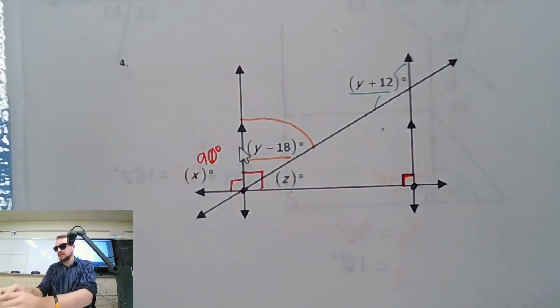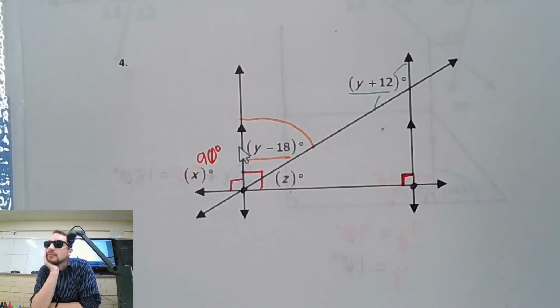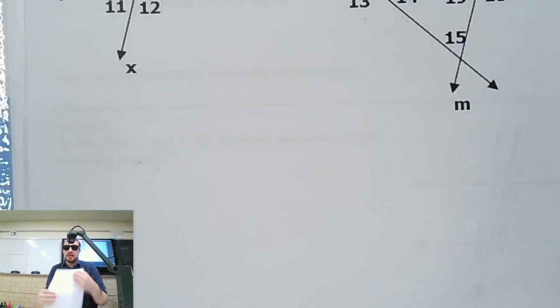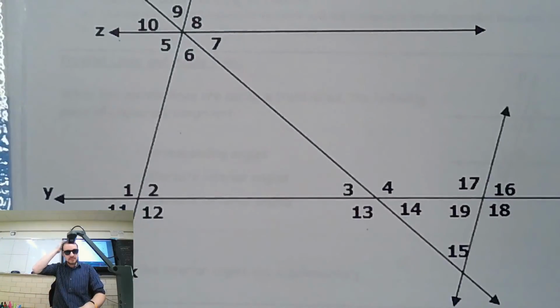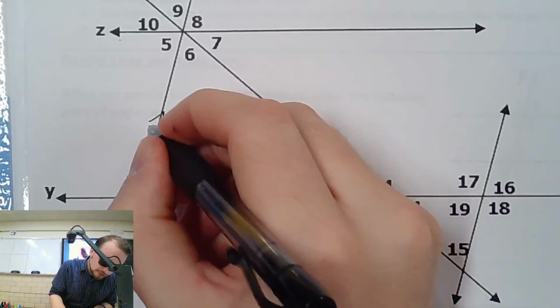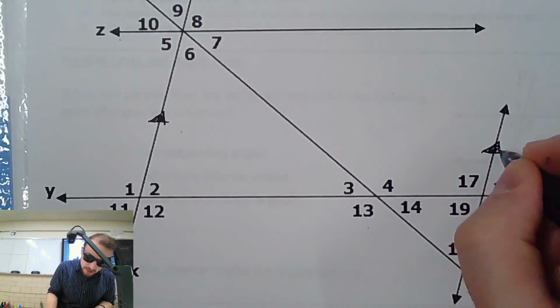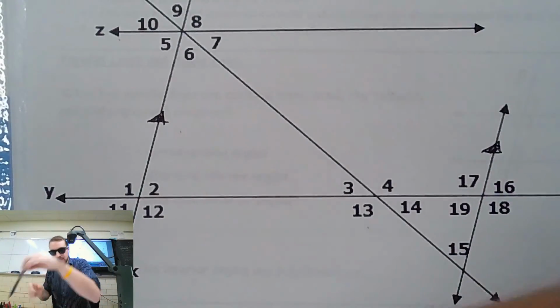Tomorrow we will discuss this. And then we're going to move on to triangles, I think. Yes, ma'am? Yeah, so look at the third page. They give you that X is parallel to M. You might want to take your time to mark that. X and M are parallels. And they tell you that Y and Z are parallel.